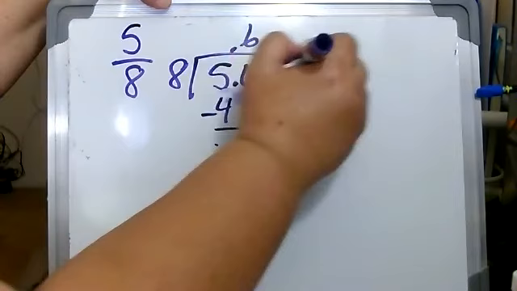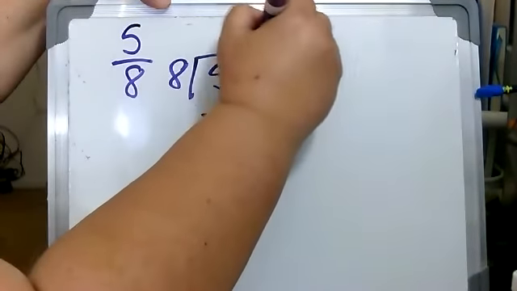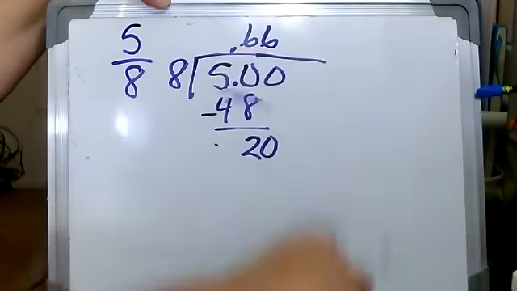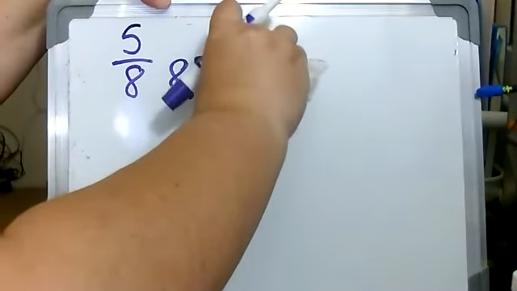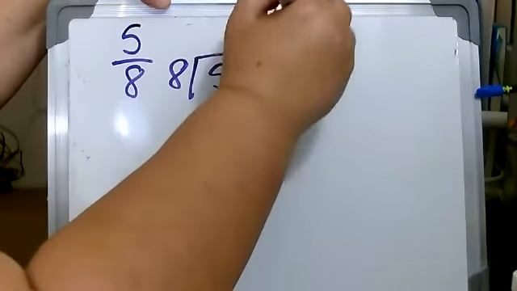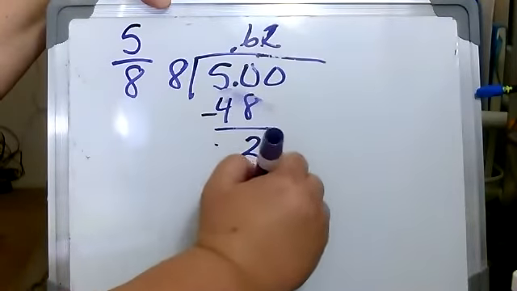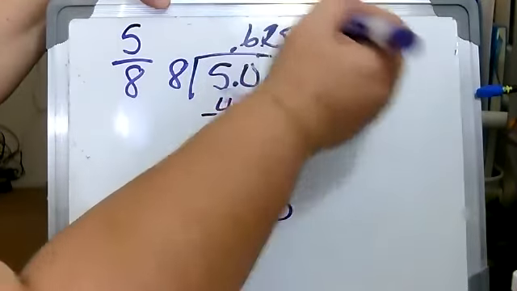We'd have to bring this out a little bit more, drop another 0. 8 goes into 20, 6 times. 6 times 8 is, that is wrong. 6 times 2 is actually the correct answer here. 8 goes into 20, 2 times. 16, 4, drop one more 0. 8 goes into 40, 5 times.